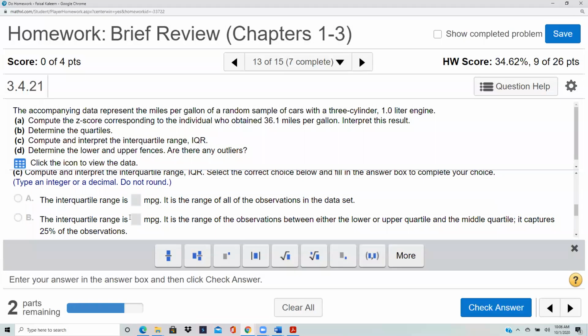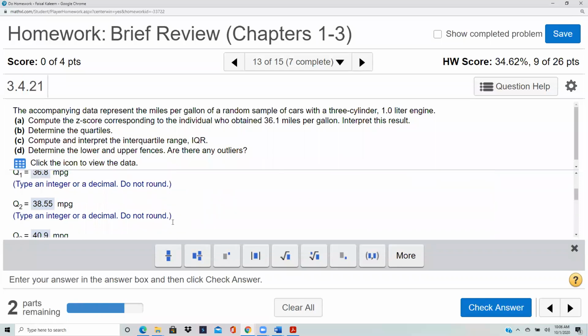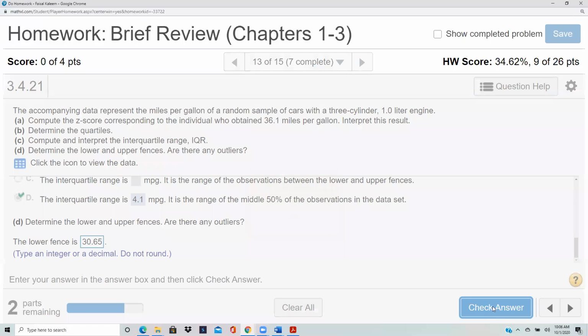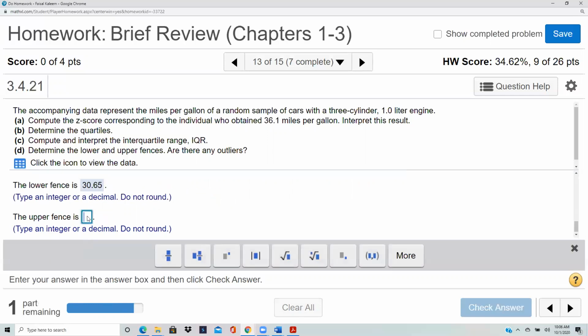What was the interquartile range? 4.1. I got 30.65. Okay. Put in the right numbers. Yeah. And then what's the formula for the upper fence?